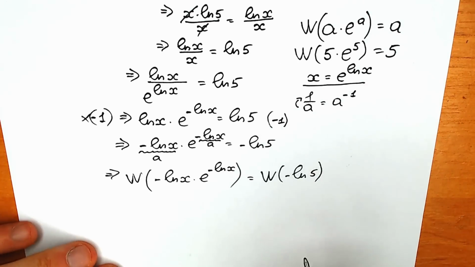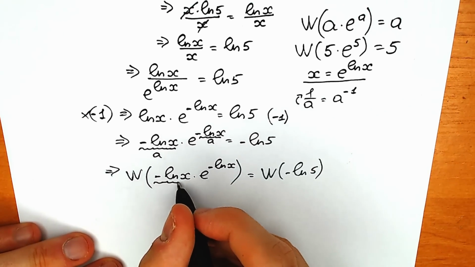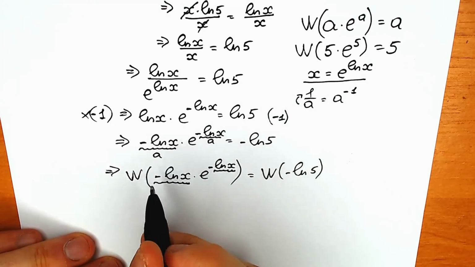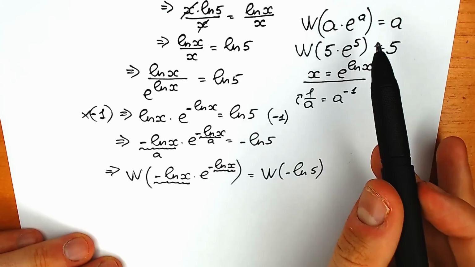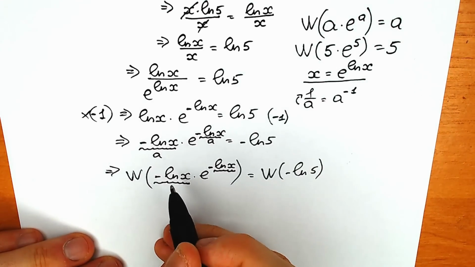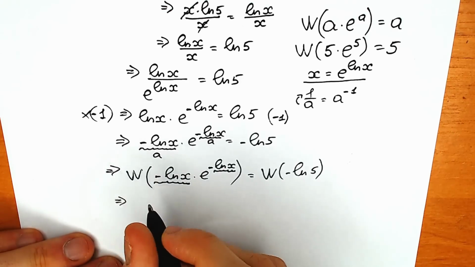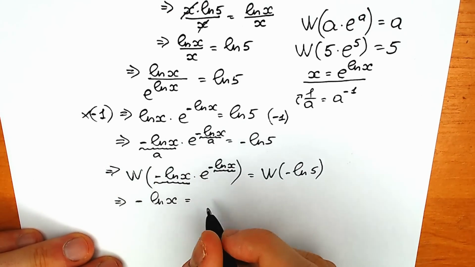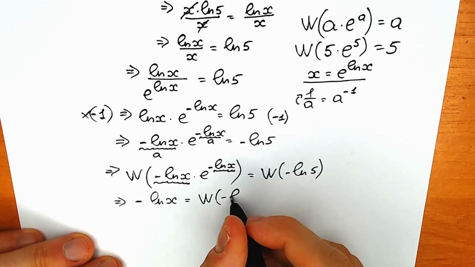All right. Right now, the Lambert W function of this expression is equal to only our a, and a equal to minus natural log x. So on the left side, we have only minus natural log x, and on the right side, we have the Lambert W function of minus natural log 5.